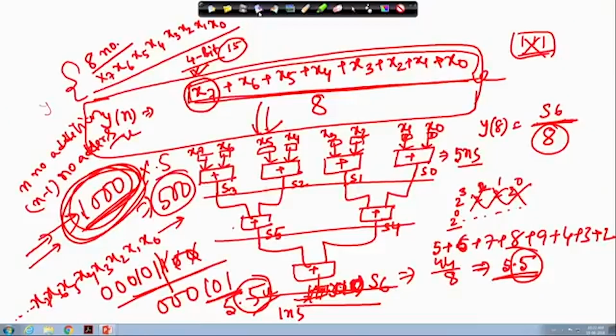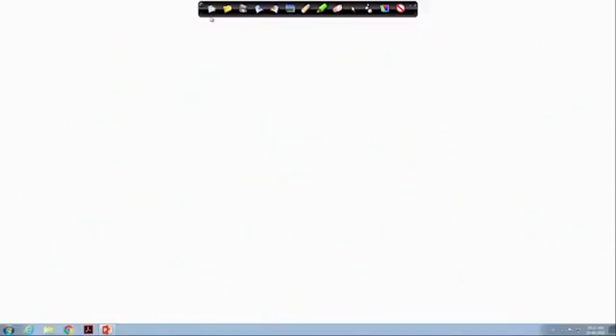So, what will be my total computation time for doing the running average of 1000 samples? Let us consider each sample is coming after 1 nanosecond, that is the sampling speed.